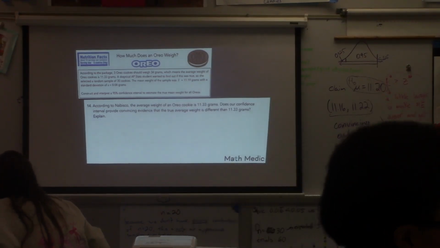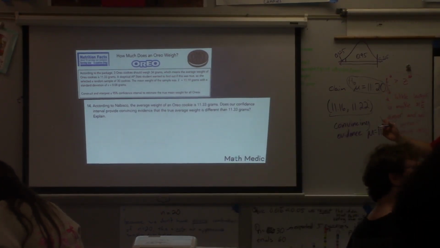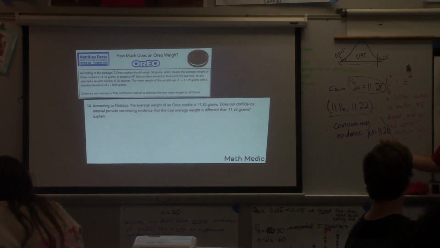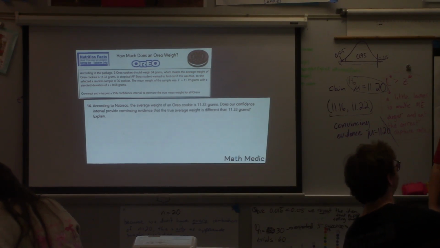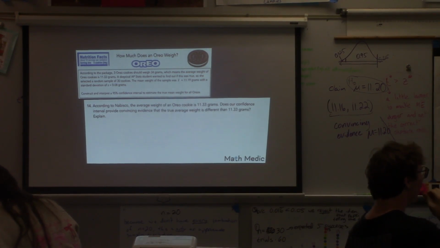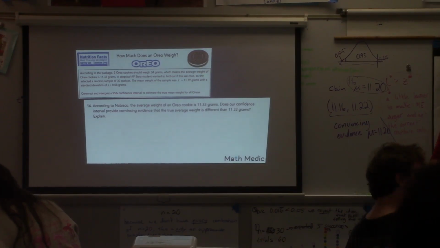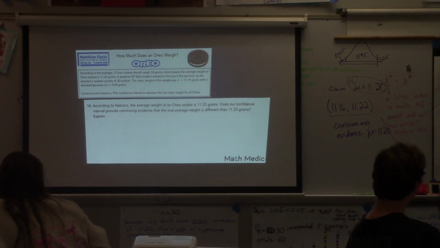That's plausible, but is it the only plausible value? No, there are infinitely many other values. Have we proven that mu is 11.2? No. Is there evidence that mu is 11.2? Sure, but it's not convincing.